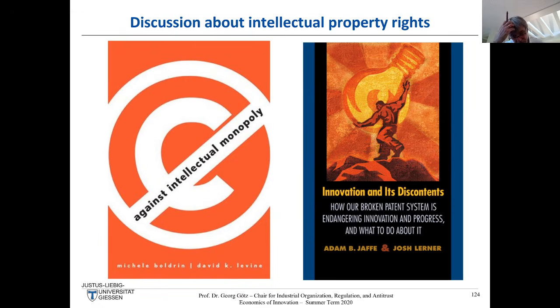Another book which is very interesting and important is a book by Adam Jaffe and Josh Lerner, Innovation and Its Discontents. And that's really worrying what they state, because they show how strange the American patenting system really works.